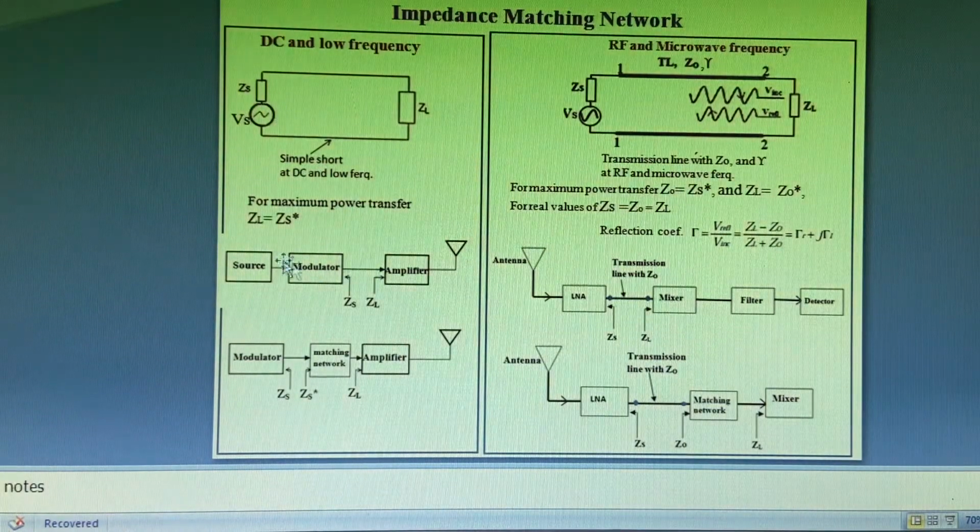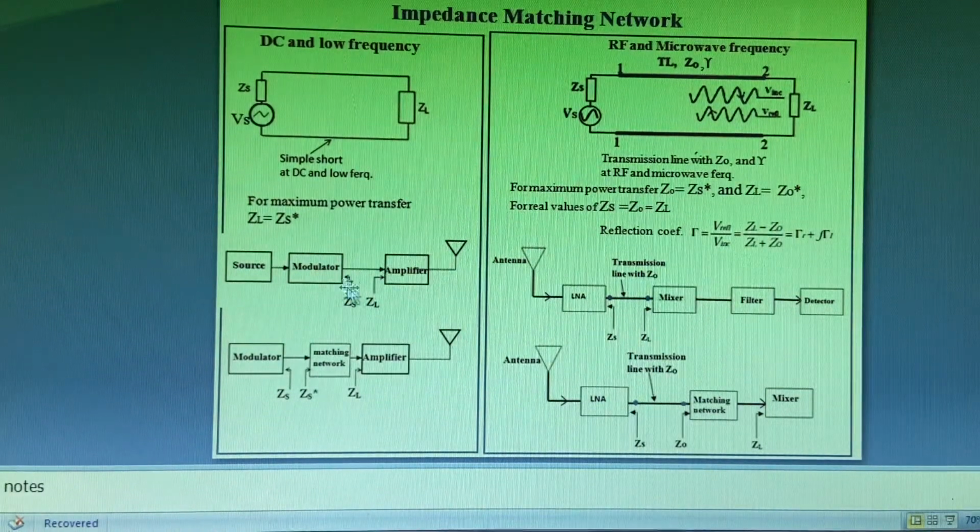For example, in this system, the modulator behaves like a source and the amplifier behaves like a load. So the input impedance of the amplifier is the load for the modulator, and the output impedance of the modulator is the source impedance. We have to match the source impedance with the load impedance, that is, the input impedance of the amplifier must be matched with the output impedance of the modulator.